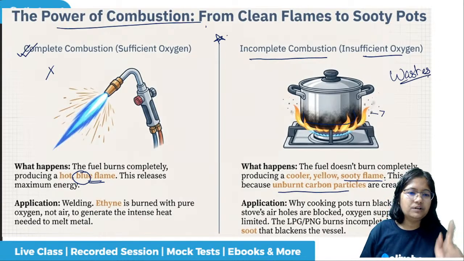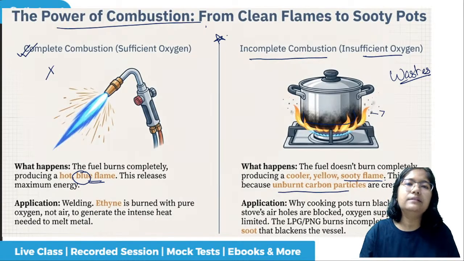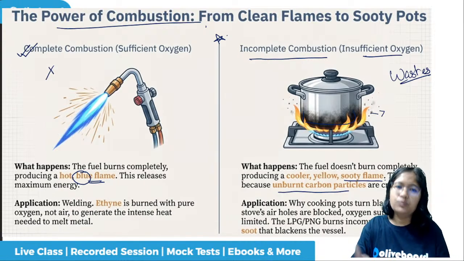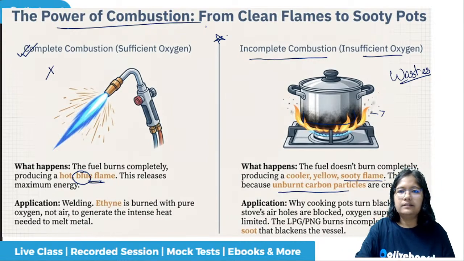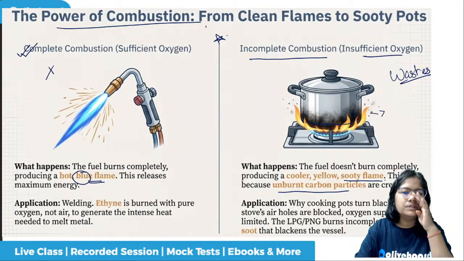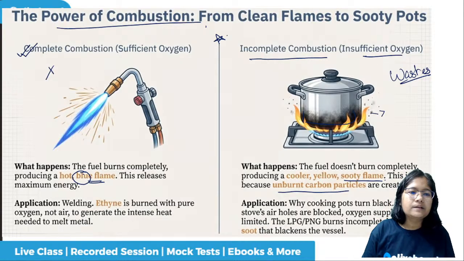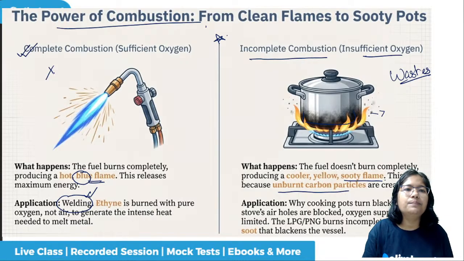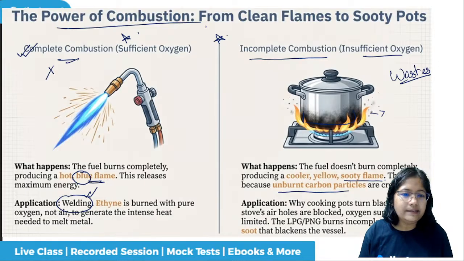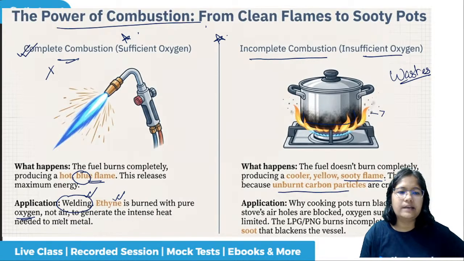I think from here we will be continuing in the class with fuels. Okay, and from combustion to fuels, we will do that there itself. For now, just remember that the application of complete combustion in sufficient oxygen is there in welding. Okay, so ethyne is burned with pure oxygen and not air, and this gives intense heat.